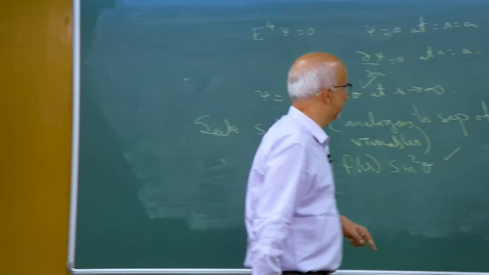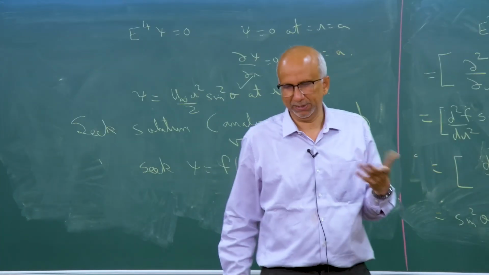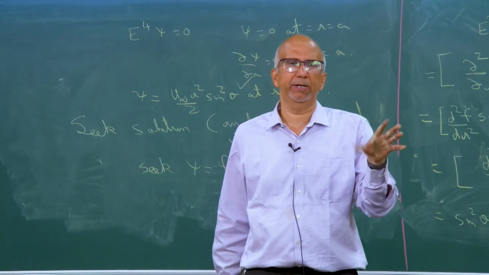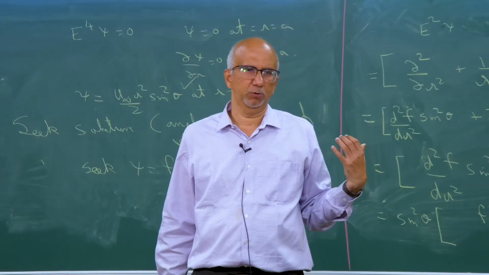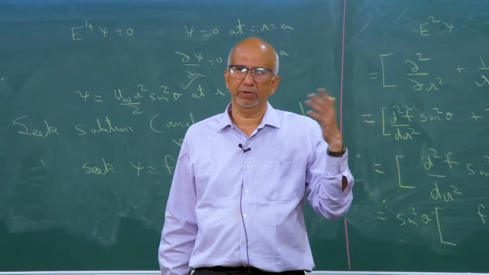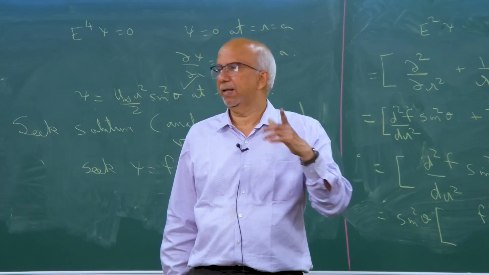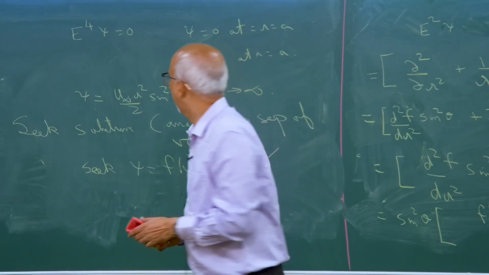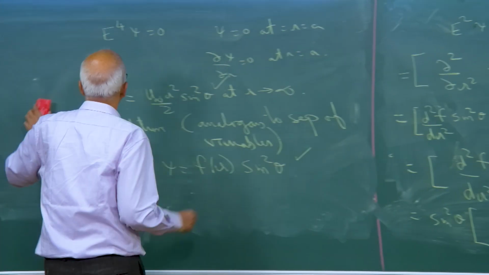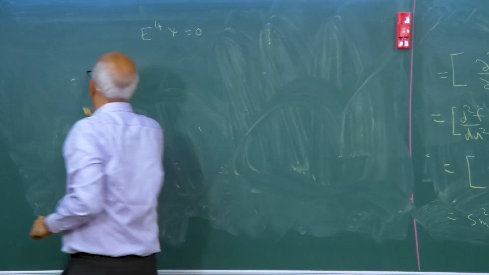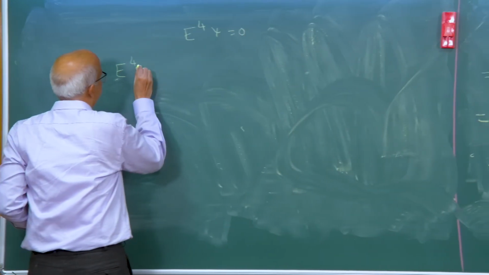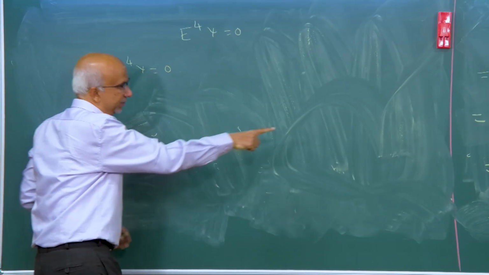What we want to do is, basically in separation of variables, we convert the PDE into an ODE. So I have converted this to an ODE. Now we need to sit and apply E squared again, because what I am interested in is E to the power 4. So E to the power 4 psi equals 0, this is E squared acting on E squared psi.